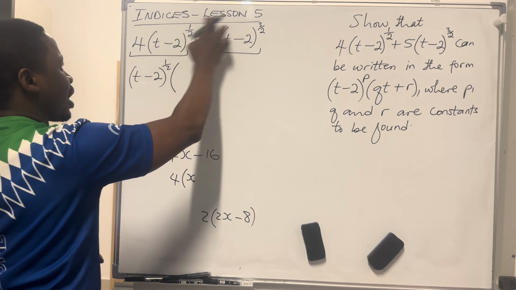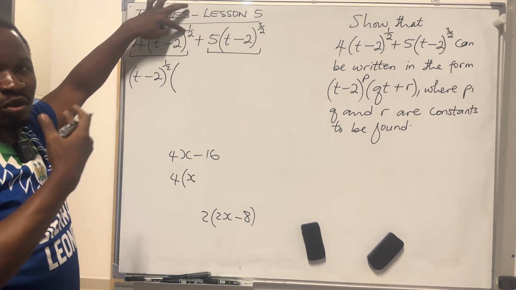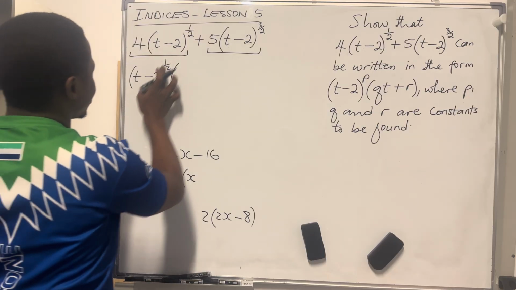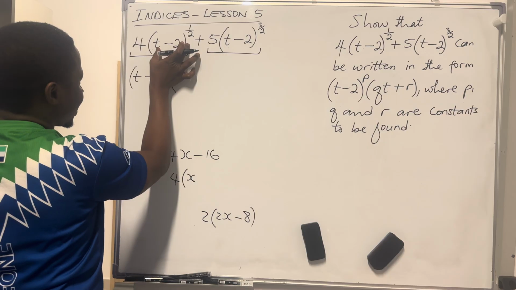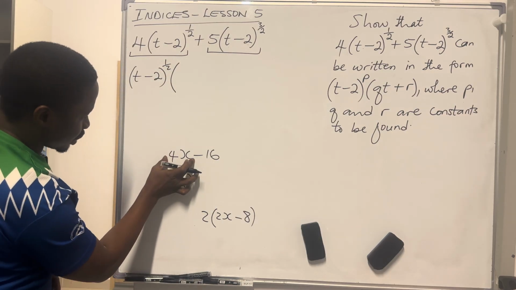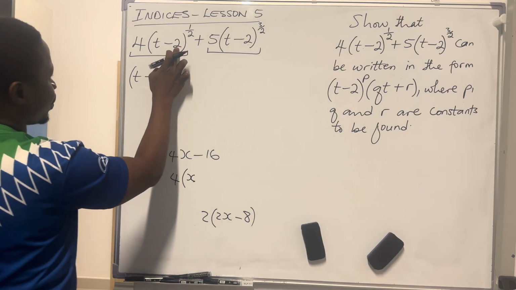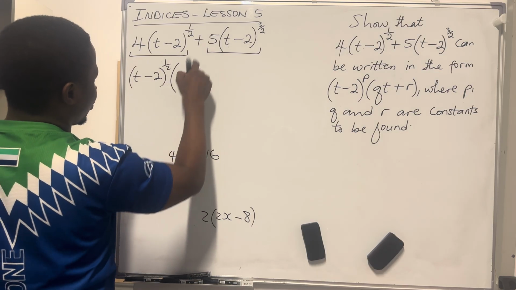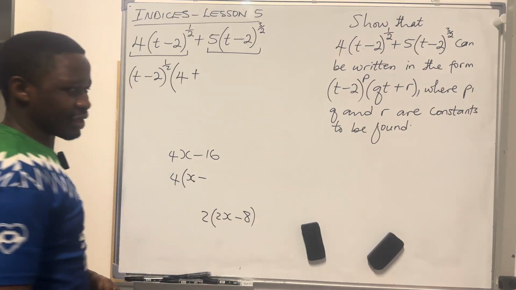The fact that this one is smaller than this, this one is the one that is common. So T minus 2 to the half is common. It is outside. So this into this term, when this takes away this, leaves 4. We have a plus, just like we used to say here, minus or plus or whatsoever.